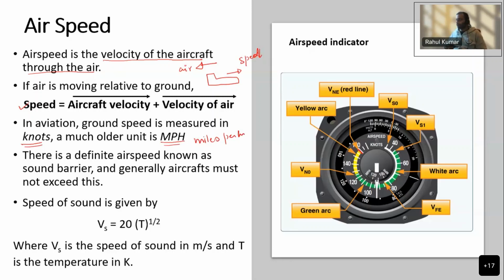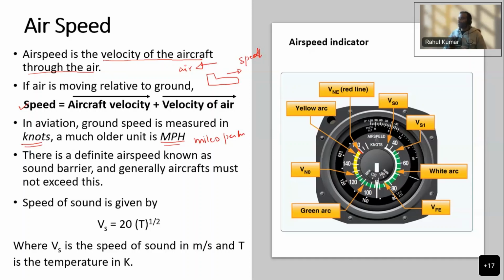Now, although there are aircraft which can fly above the speed of sound, generally fighter or military aircraft, in general we operate the aircraft below the speed of sound, or at maximum at the boundary of the speed of sound.